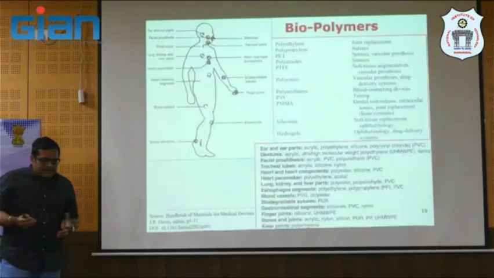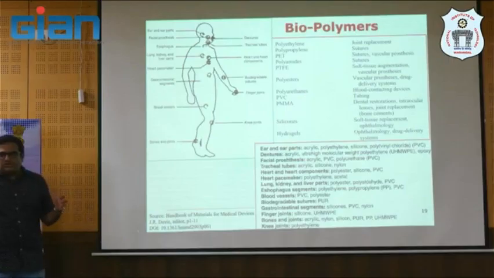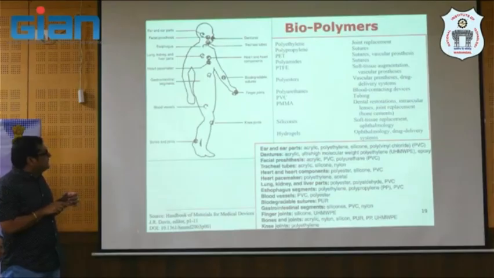Let's look at the polymer group. You have plenty of biopolymers: polyethylene, polypropylene, PET, polyamides, PTFE, polyesters, PVC, PMMA, silicones and hydrogels.